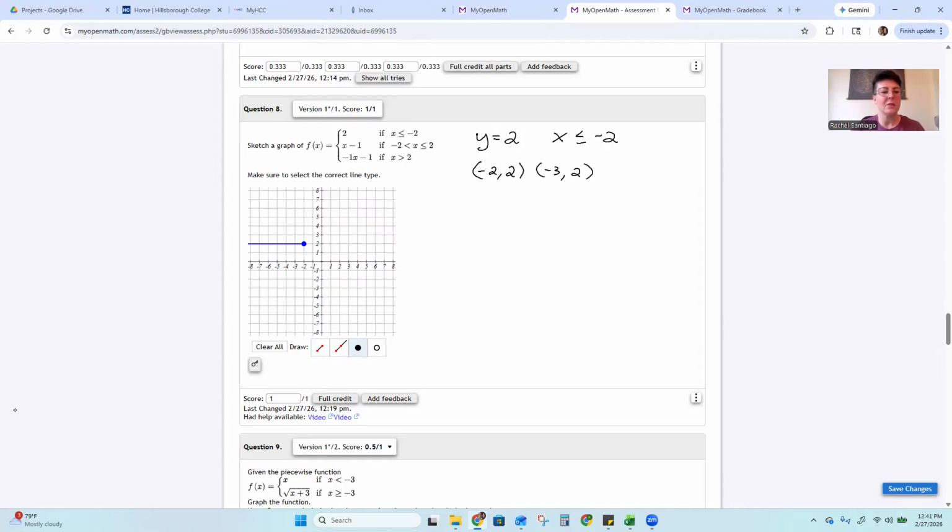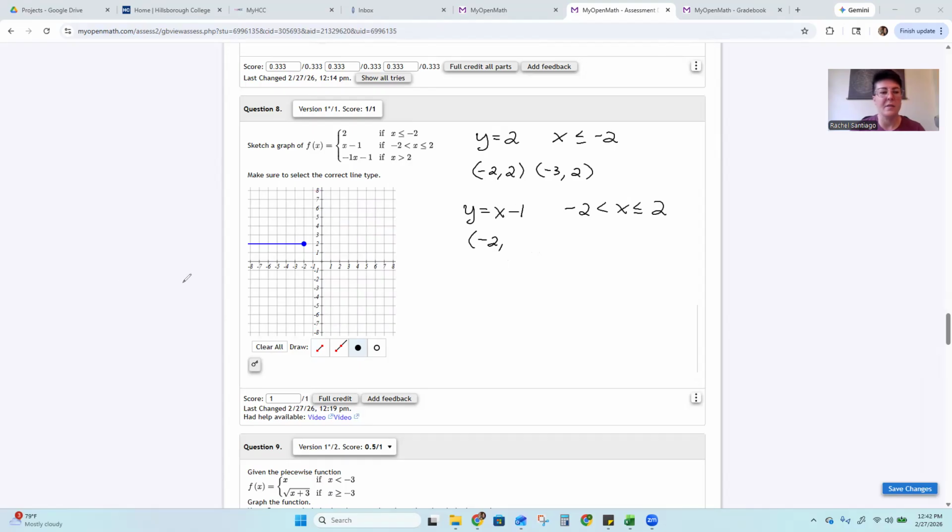Okay, let's now take a look at the second equation, which is y is equal to x minus 1. This time we have a region, right, which is negative 2 to positive 2. So when we actually go ahead and graph this, we want those boundary points so that we know exactly where it ends on this graph. To make this happen, we're going to say, well, if I plug in a negative 2, what's my output?